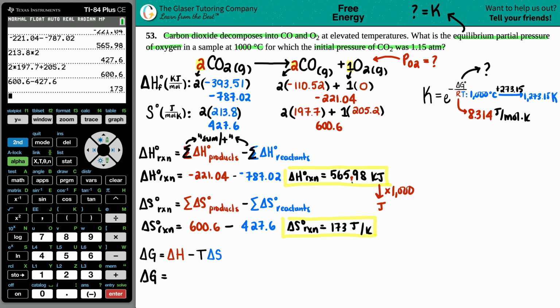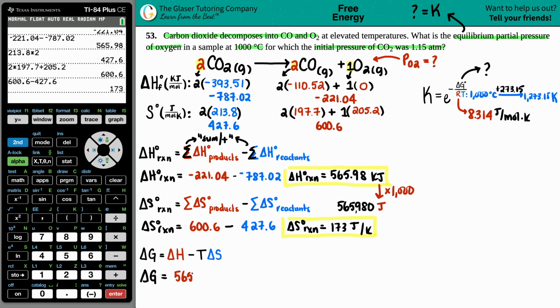Similarly, take the decimal, move it to the right 3 times. So this would be the same as saying 565,980 joules. And that's the value that I'm going to plug in over here.